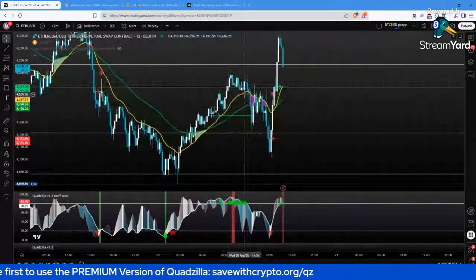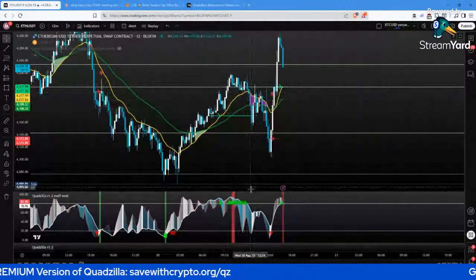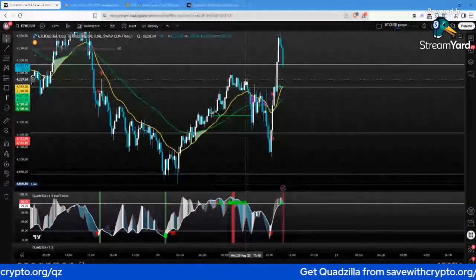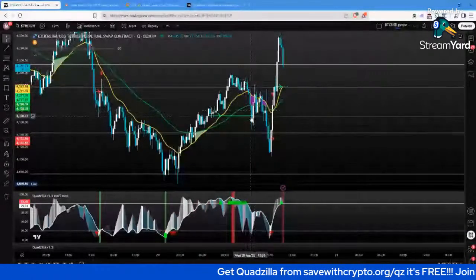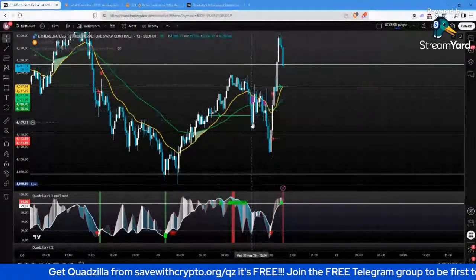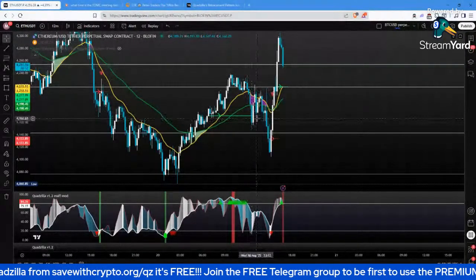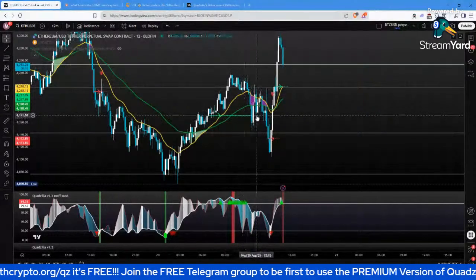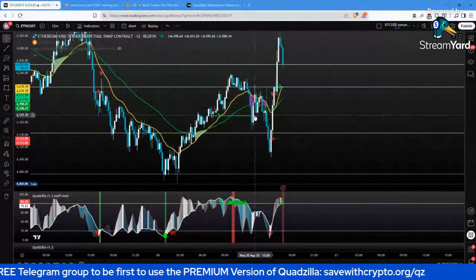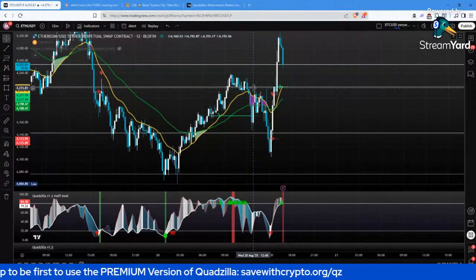I think once they started to come round, and maybe when there's some confirmation on here as well, then you can get a short going and expect it to come down below that level. Then once it's below here, you can set a trigger long. So when it comes back to this level, it's a confirmation, and it heads back up. So then you've got a bit of a long going on there.